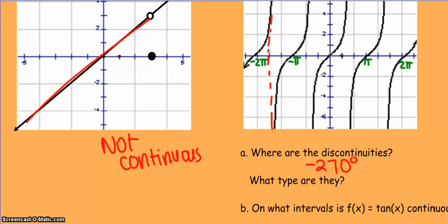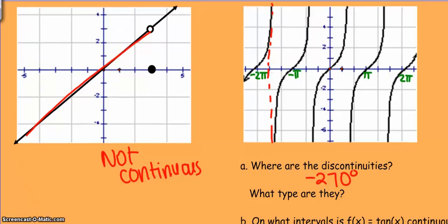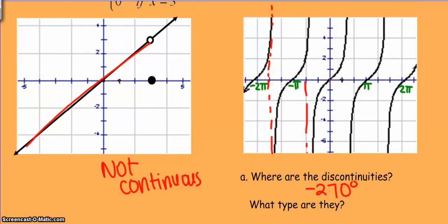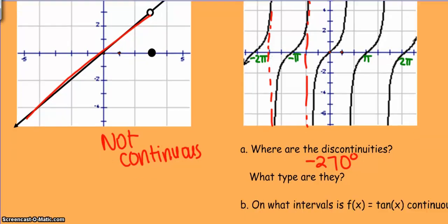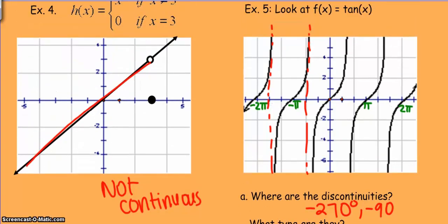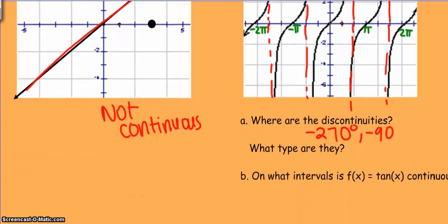All right, and then we move over, so let's draw our other asymptotes. We have one at, what is that point? That is negative 90. All right, and then we have another one. Because these points are getting close to the asymptotes, but they're not ever crossing them, and that is the definition of an asymptote.